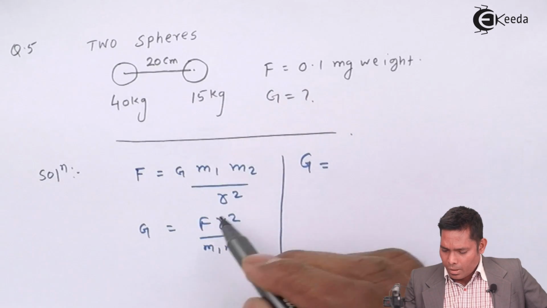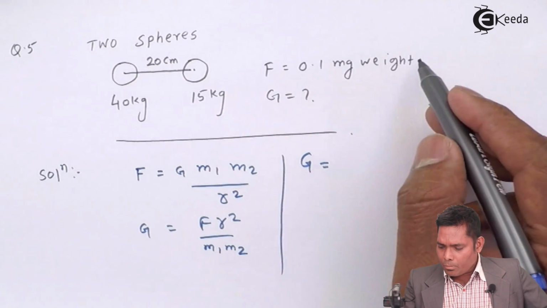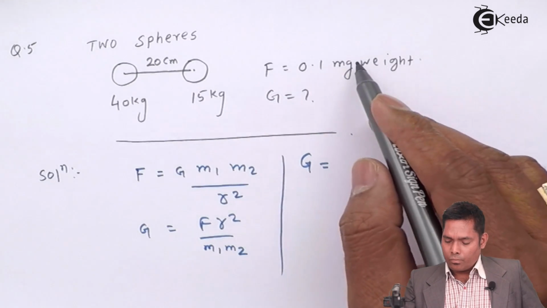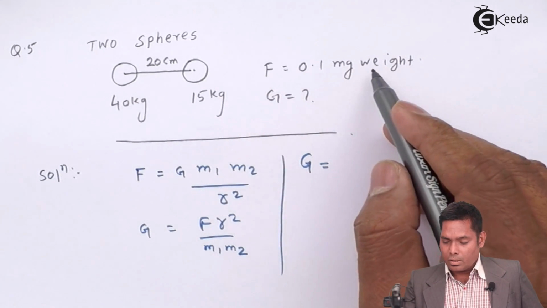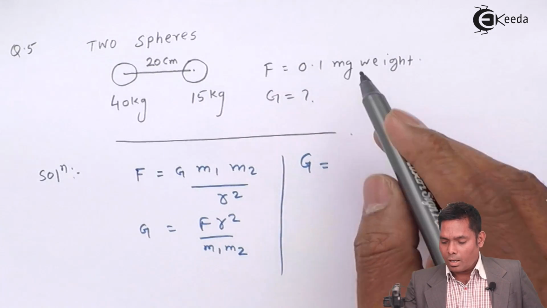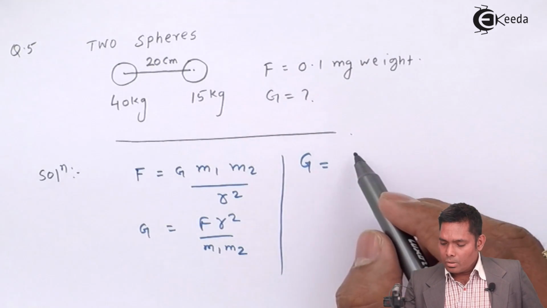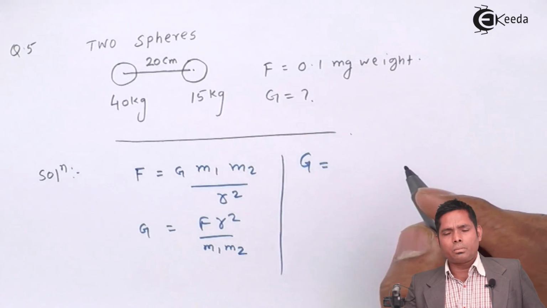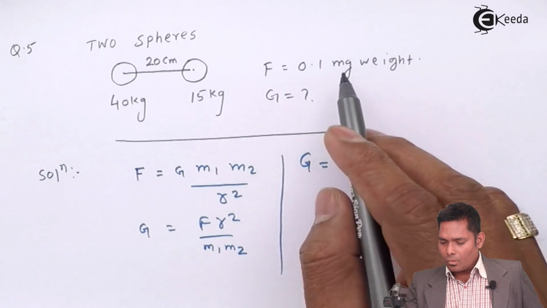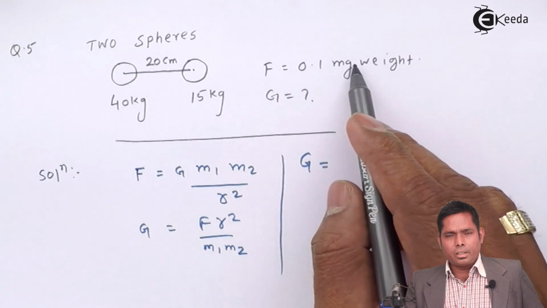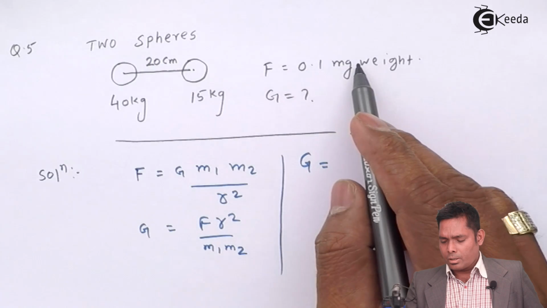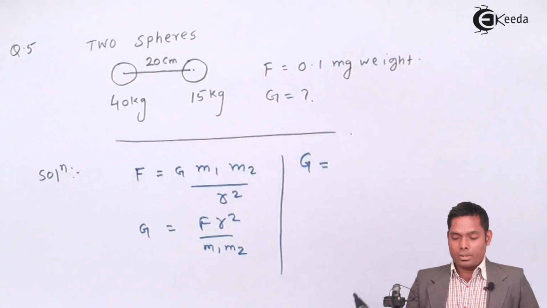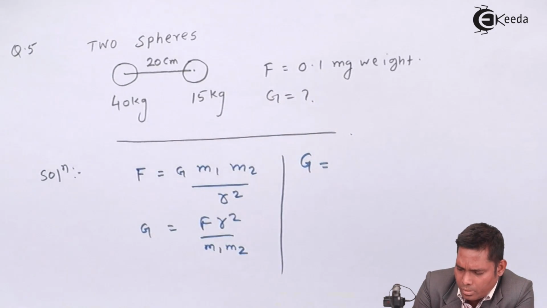So the G value is F, which is 0.1 milligram weight, that you have to convert. First you have to convert milligram to gram, and then to kilogram. 1 gram is 1000 milligram, so 1 milligram is 10 raised to minus 3 gram, and 1 kilogram is 1000 gram.